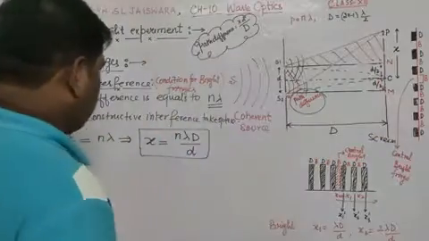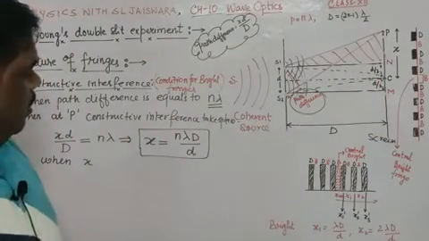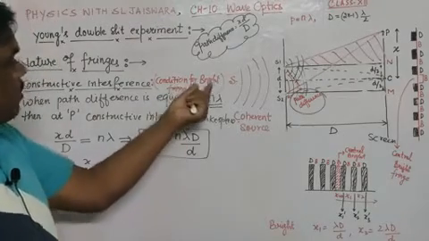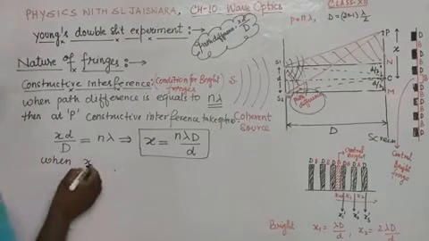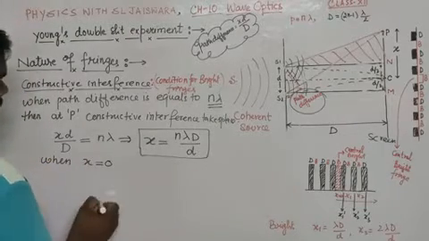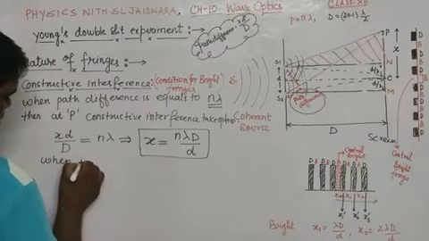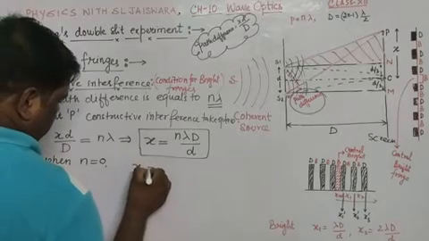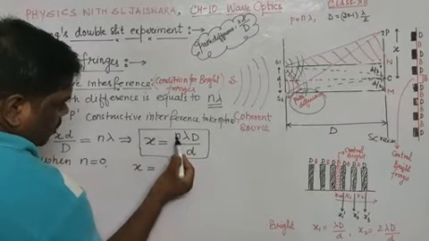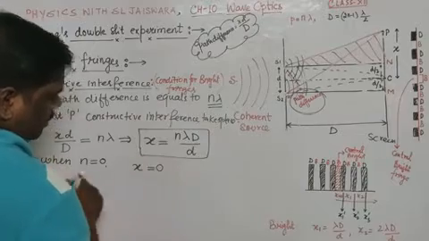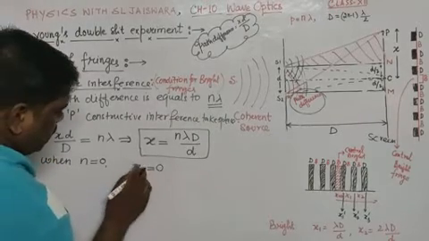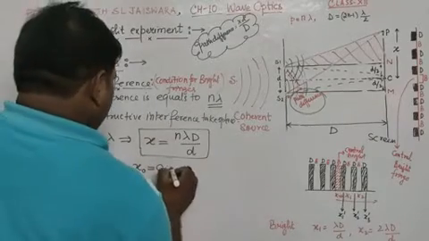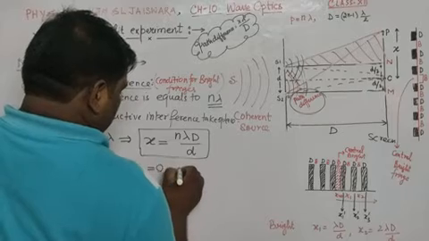So this expression gives the position of bright fringes. When n is equal to 0, substituting n equals 0, we get x equals 0.